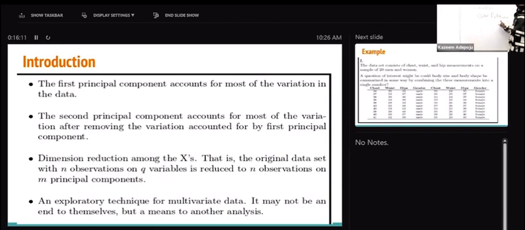Overfitting is a problem in statistics. Overfitting means your model will perform greatly with training data, with training sets, but your model will perform poorly with test data.